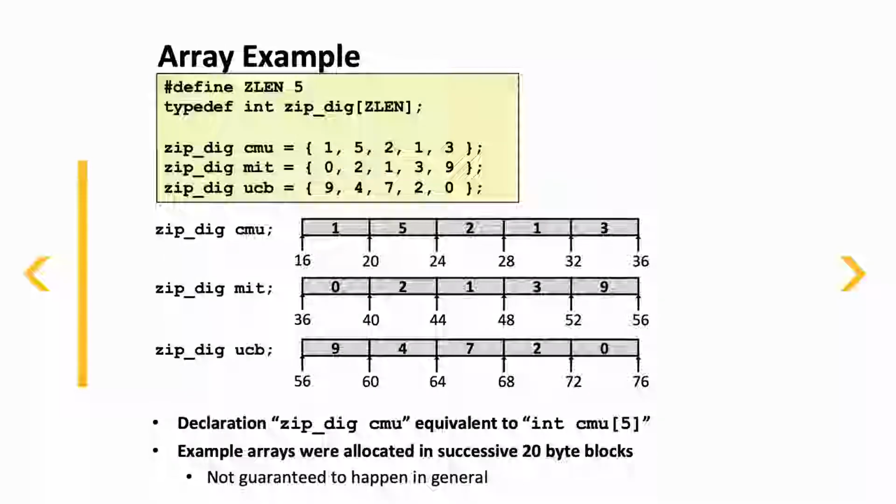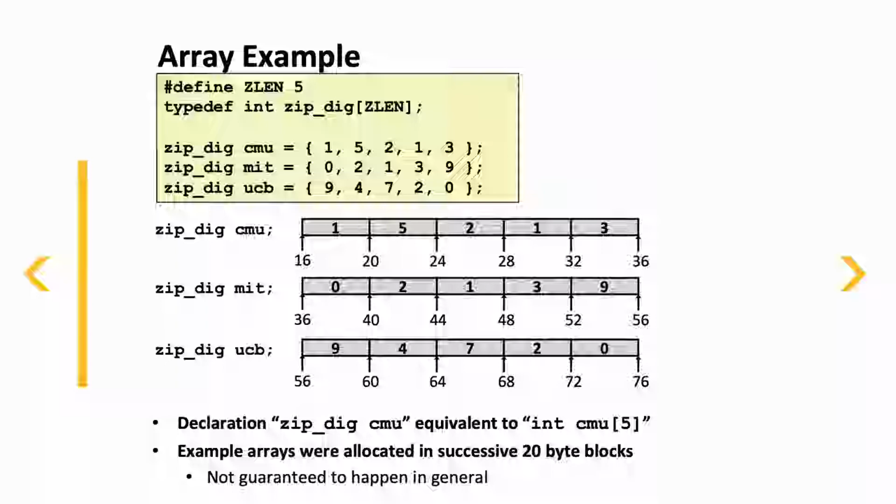As an example, let's just take a look at a little bit of C code that defines a type, and it makes this zipdig array that's just an integer array. And we'll go ahead and create 3 of those. We'll call them CMU, MIT, and UCB, and we'll just give them 5 integers apiece to set that data in those arrays.